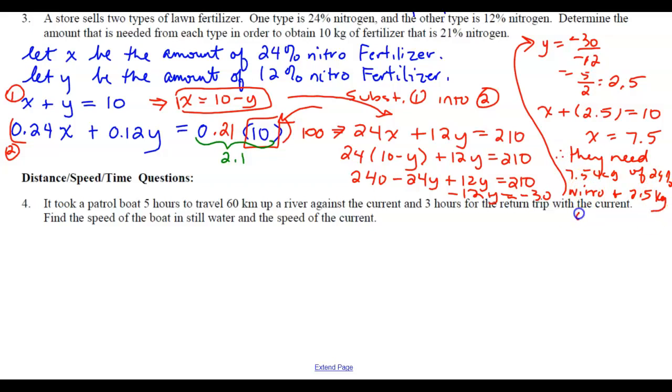So I just kind of fit that in there. I know it's a little bit messy, but I'll say it to you again. So therefore they need 7.5 kilograms of 24% nitro fertilizer, and 2.5 kilograms of 12%.